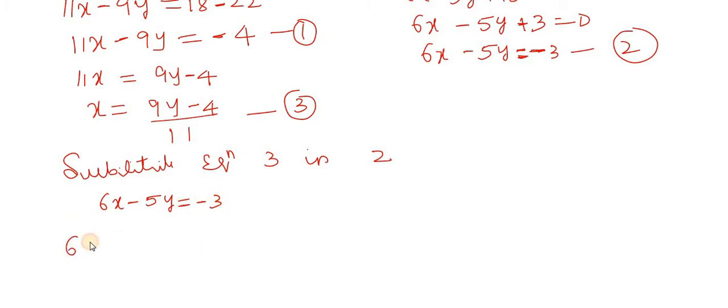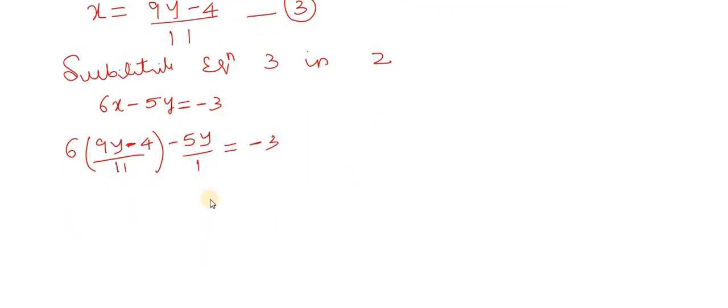So then 6 into 9y minus 4 divided by 11, minus 5y, in the denominator nothing is there, so we can assume that 1 is there, which equals minus 3.